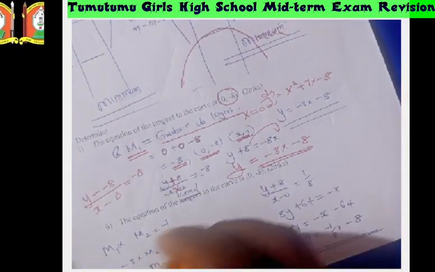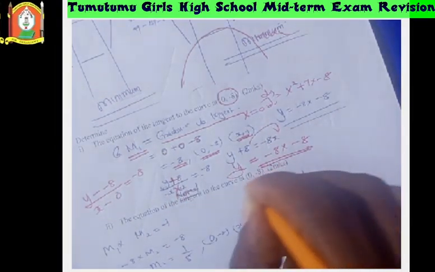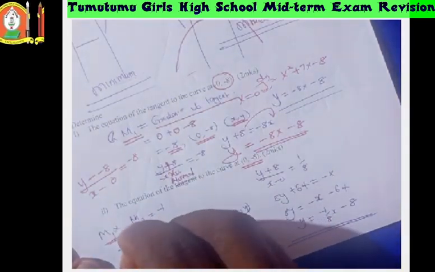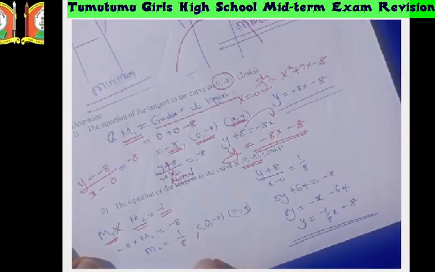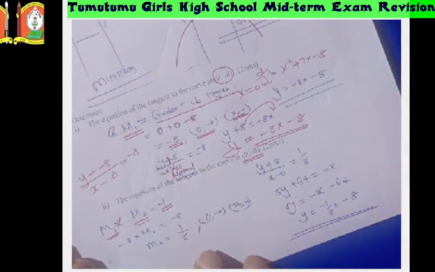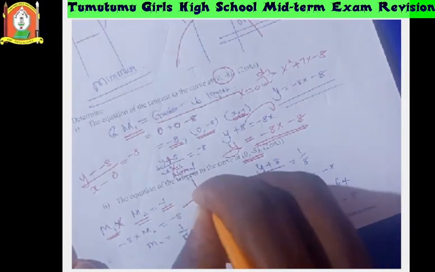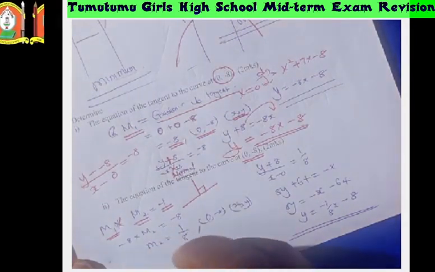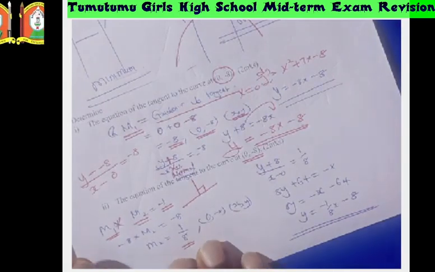That's the equation of the tangent. What about the equation of the normal to the curve at (0, negative 8)? m1 times m2 is equal to negative 1. That's when the normal and the tangent are perpendicular to each other. So we work out, and m2 becomes 1 over 8.